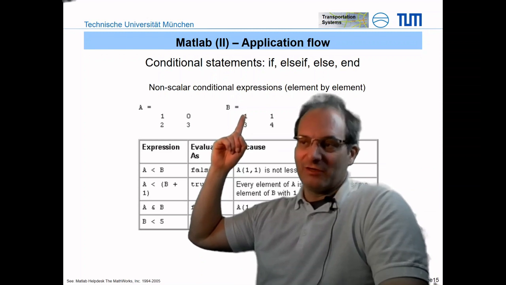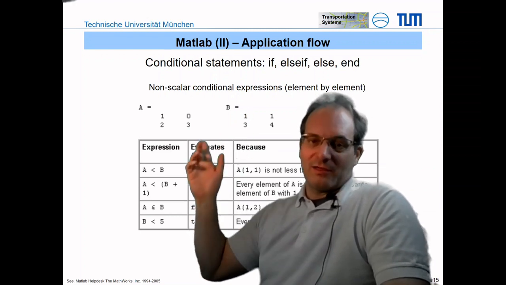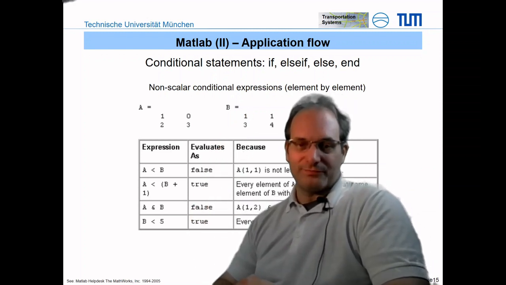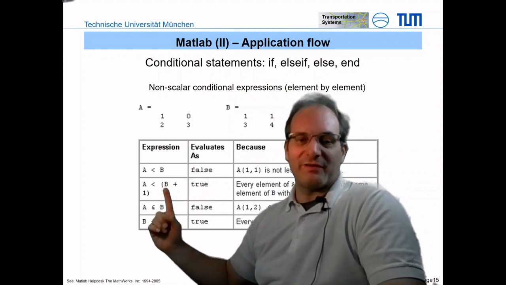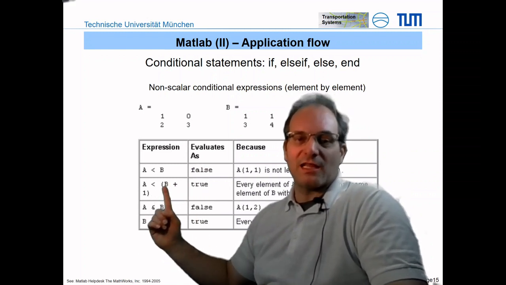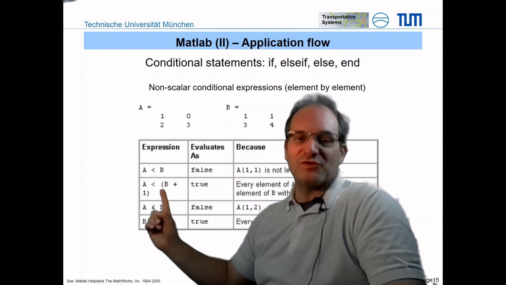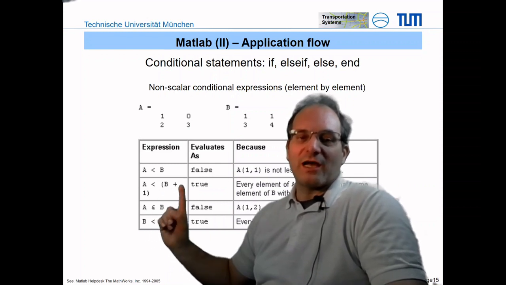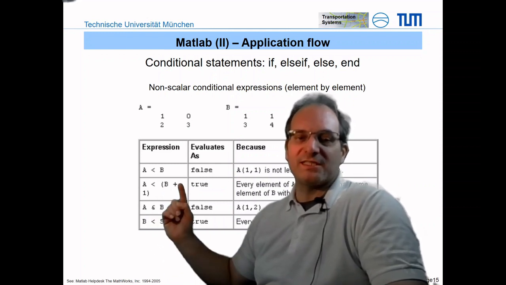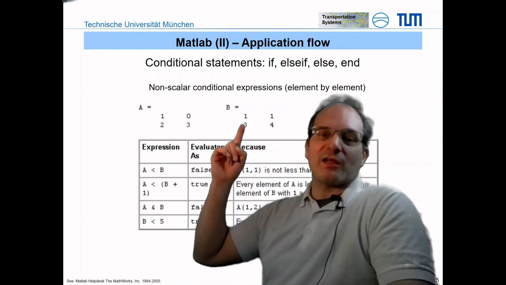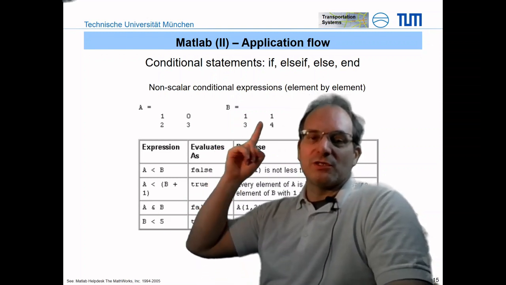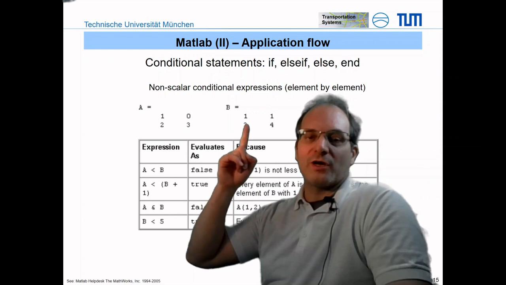So therefore it's not true. If you compare this, A is lower than B plus 1, you see that you can directly do calculations if you use this parenthesis here. So if you calculate 1 plus 1 is 2, 2, 4, 5.